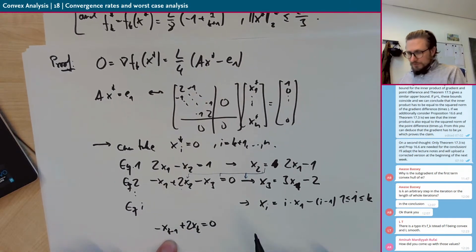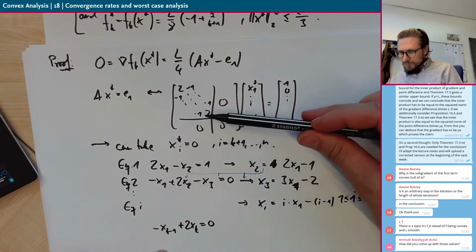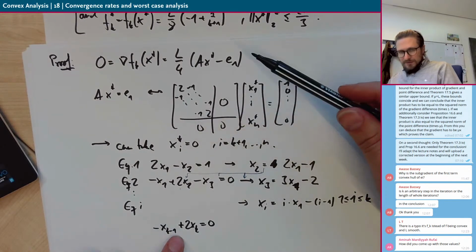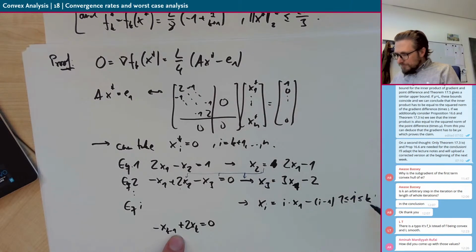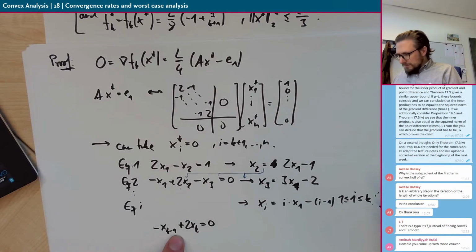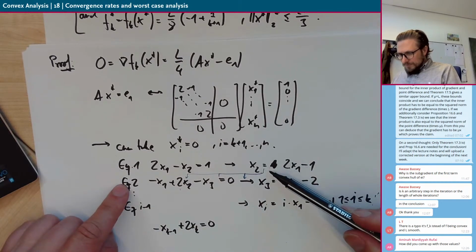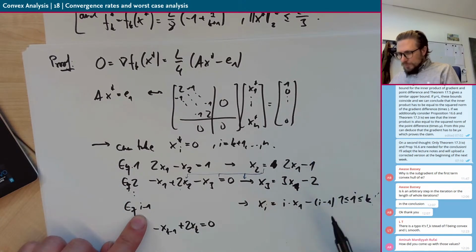This equation with the minus 1 and the 2 and no further minus 1 is the last one. For all previous ones, this is equation I minus 1: from the first we get the second, from the second the third, from the (I minus 1)th we get the ith, up to I equals k.